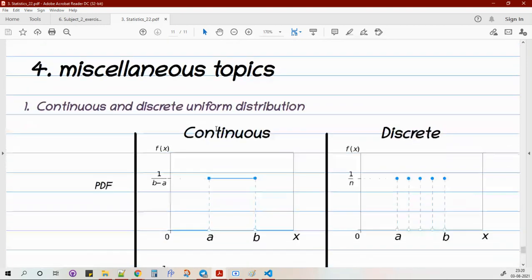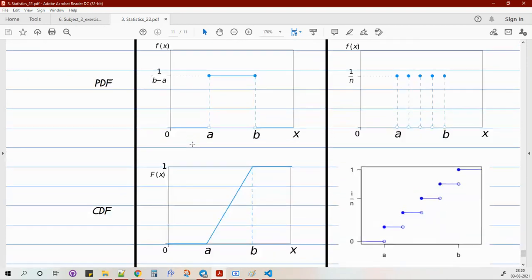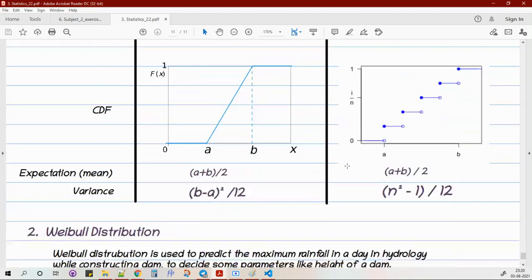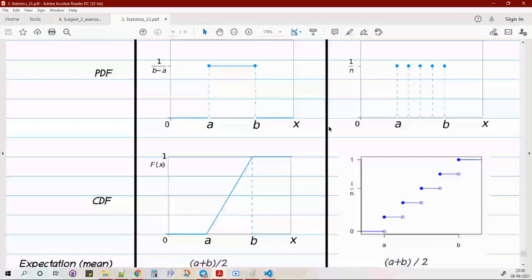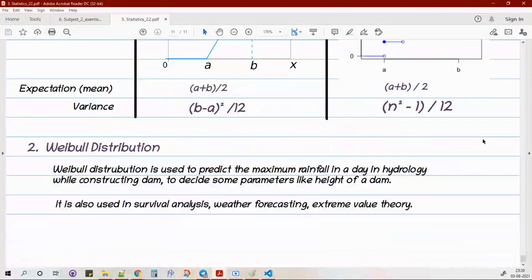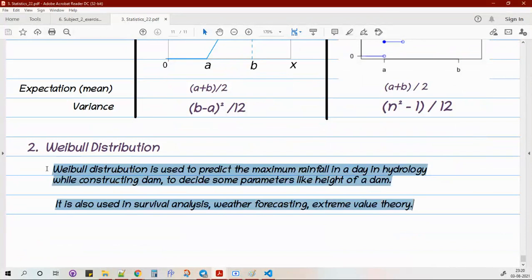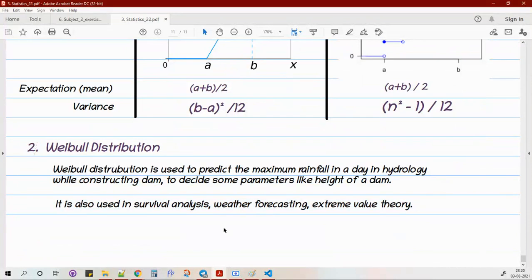Miscellaneous topics we just discussed yesterday: continuous and discrete distributions, uniform distribution. The last one mentioned in the course video was the variable distribution: designing a dam and calculating the probability of a disaster event, which is a rare event, once in 100 years or once in 50 years.